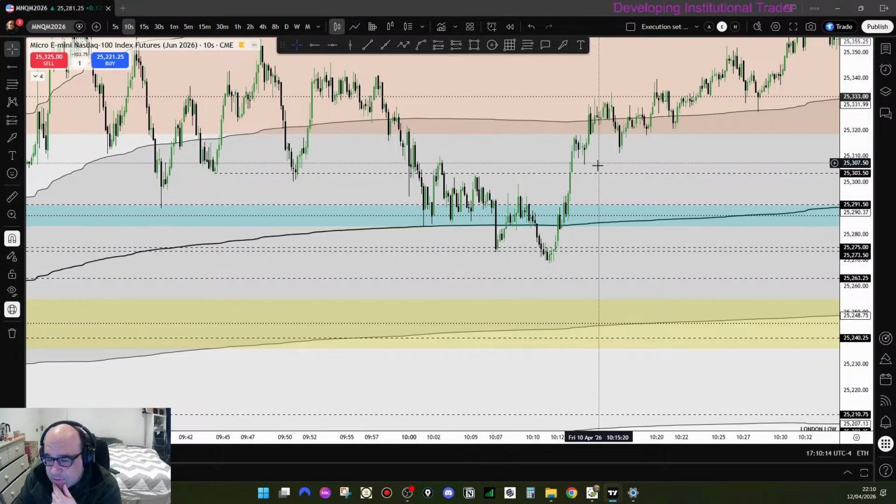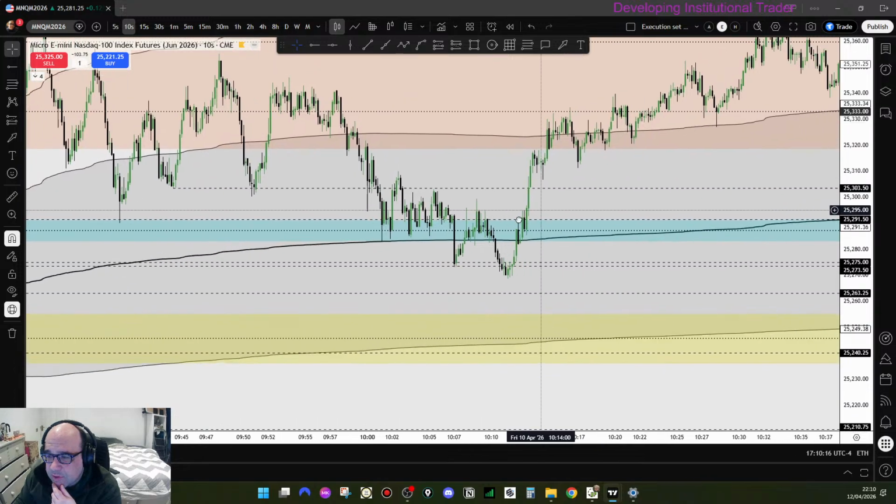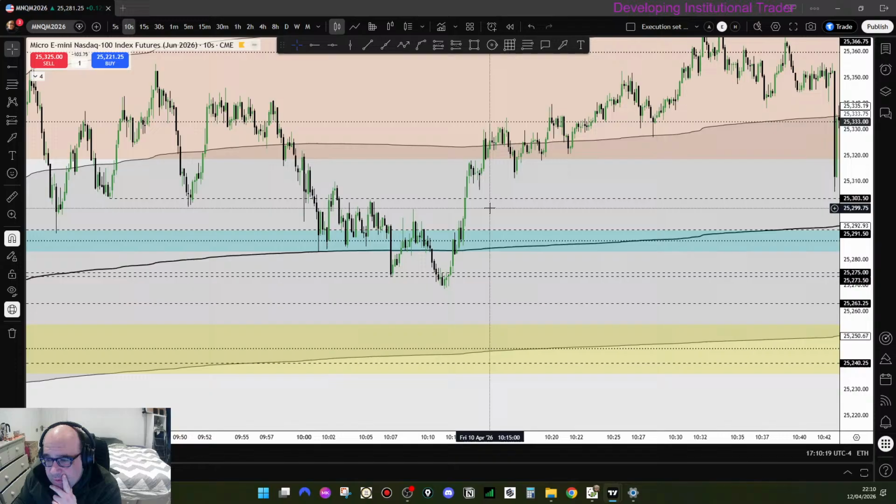It grabbed that liquidity, reclaimed the VWAP and the 15-minute imbalance, and I believe someone who was really aggressive could enter here, because we have a pullback right at the 50% of the imbalance, which is this dashed line, and we're above the VWAP. Someone more conservative could wait for the break of structure, which basically happened around here.